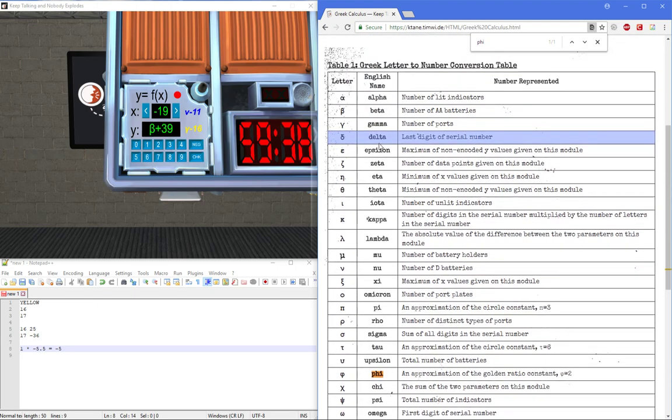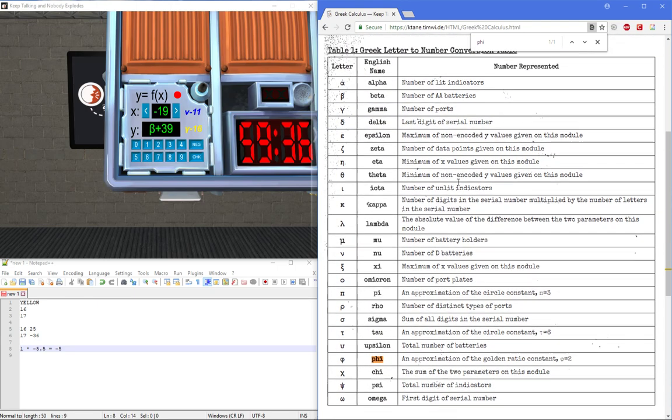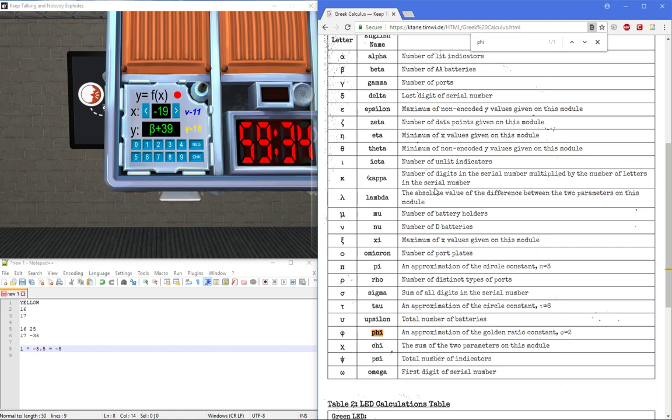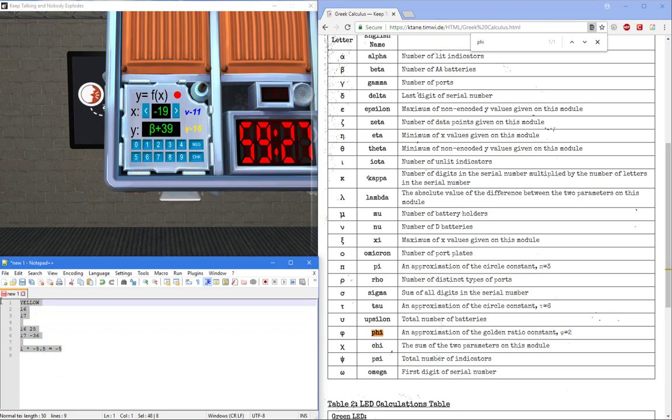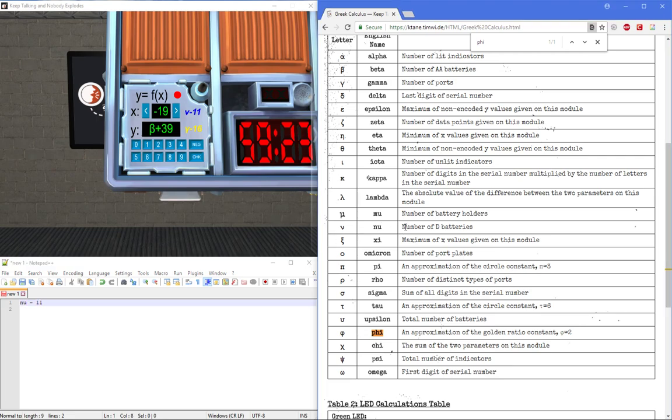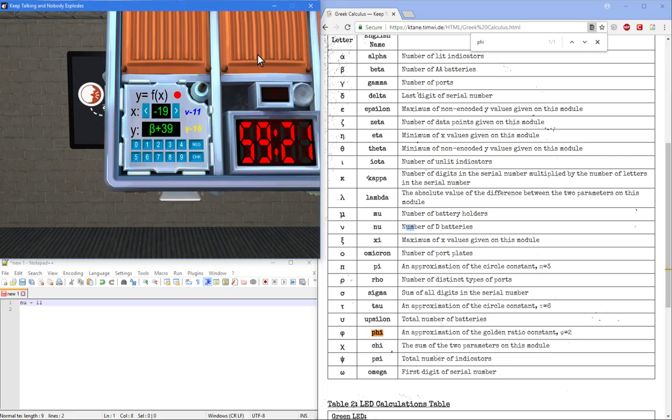So let's actually use this as the example. So v minus 11, which is, it's not v, it's nu. So nu minus 11, and nu is the number of D batteries on the bomb.